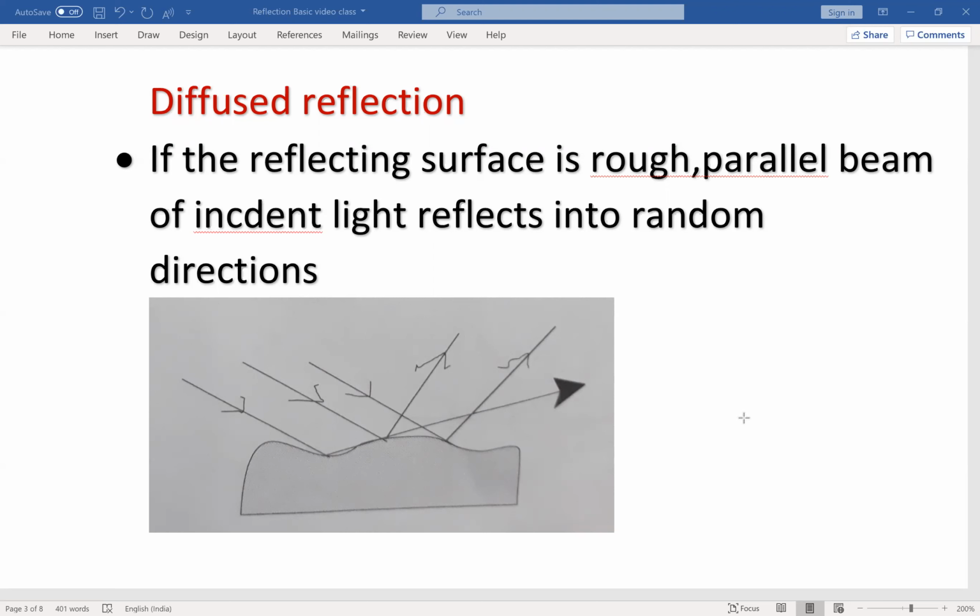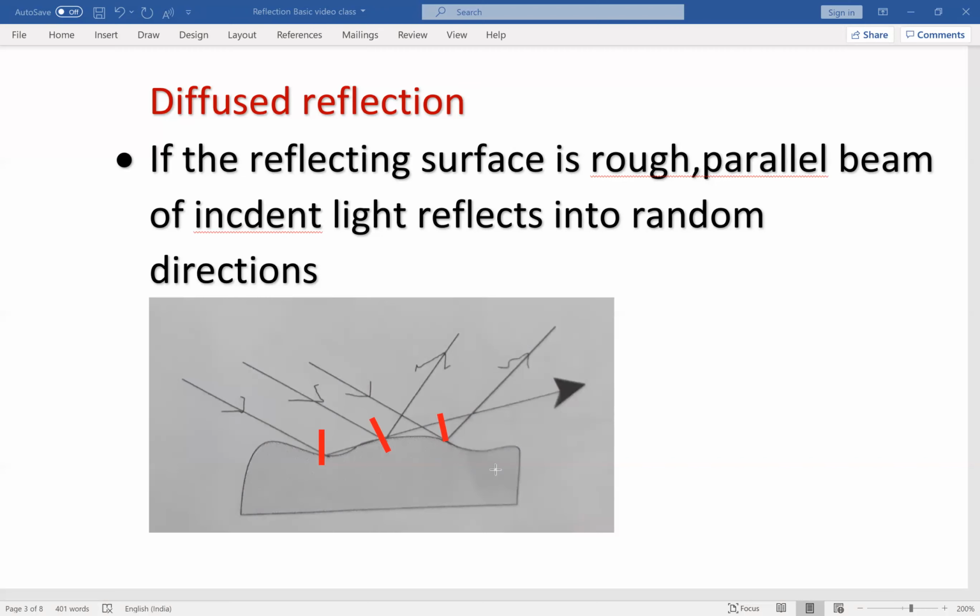This happens because the normals at each point of incidence are not parallel to each other. So for the first and second laws of reflection to remain valid, the rays must scatter into different directions. There is no other option.